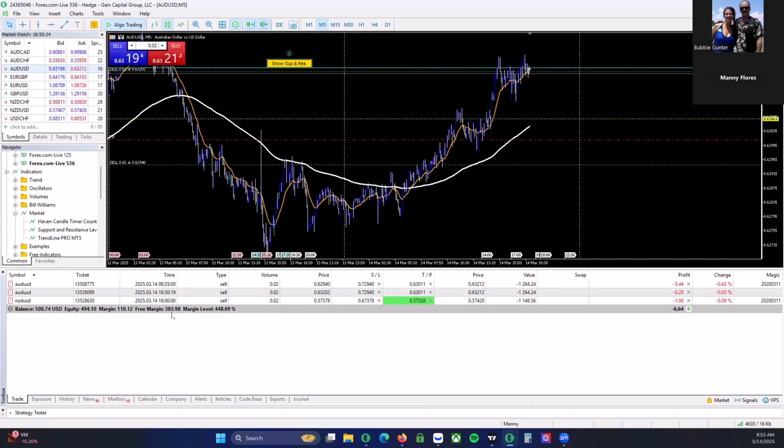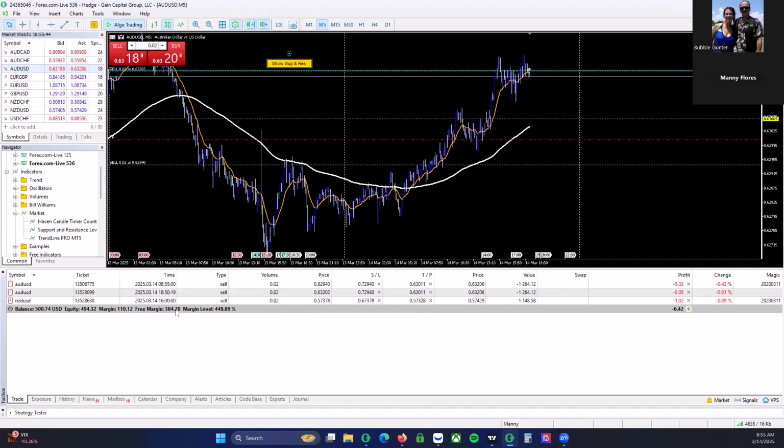It subtracted $40 because you bought 0.02. So now you only have 380. And if it runs up against you another 15 pips, this will go down, but you buy two more. Oh, okay. Gotcha. You can do that until you get a free margin of around 100.